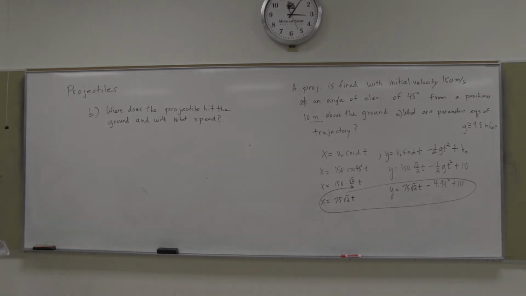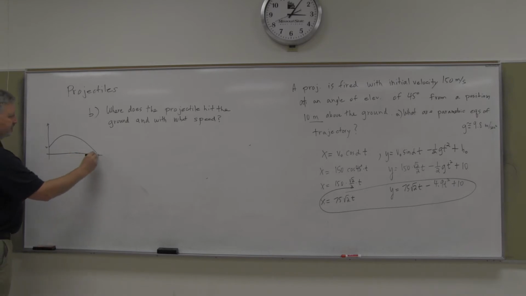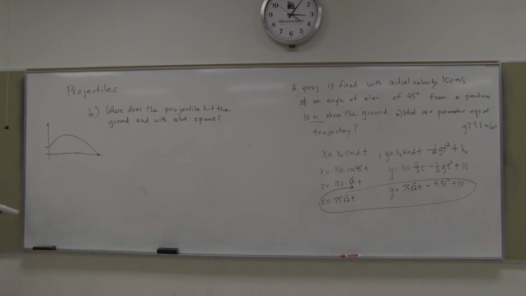Now, the first part of that, let's again think about our little problem here. We've got this projectile, it's 10 meters up, so we've got it firing off, hitting the ground out here somewhere. So first of all, what value am I looking for? Well, I want to know where.